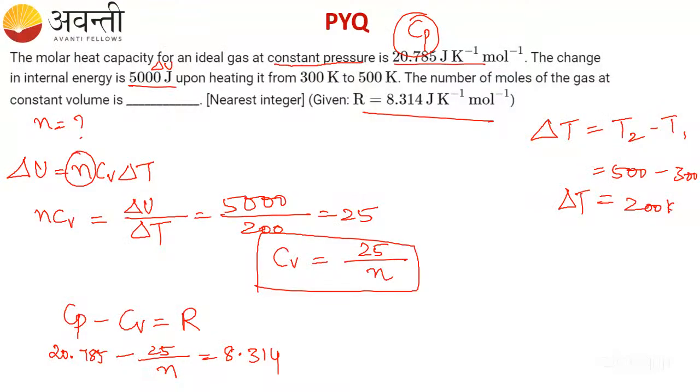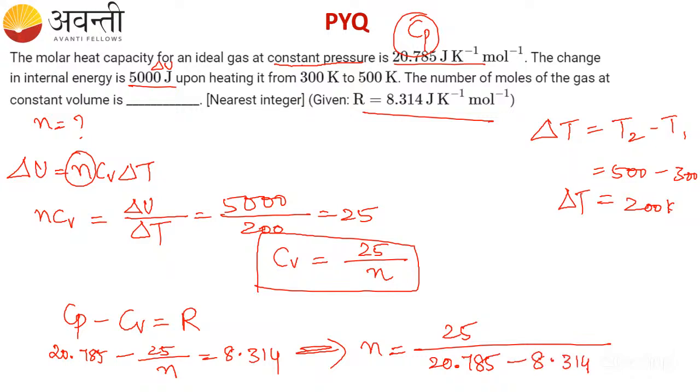From this, you can get the value of N. N is equal to 25 divided by (20.785 minus 8.314). If you solve this, you will get the answer as 2. So the number of moles is equal to 2. The nearest integer will be 2.